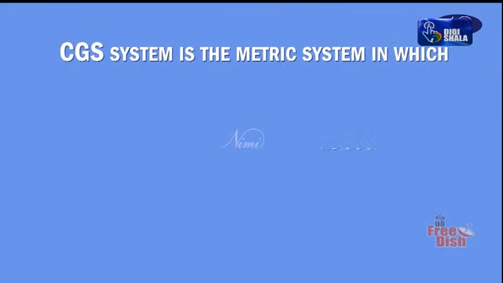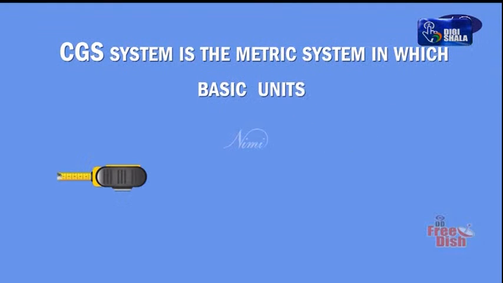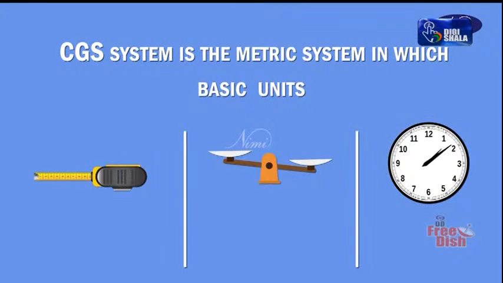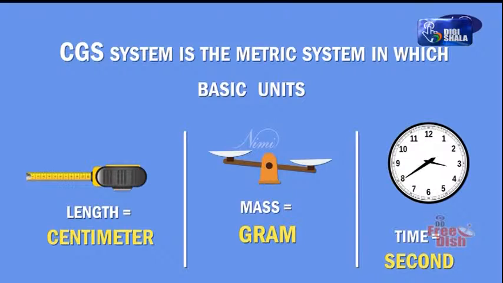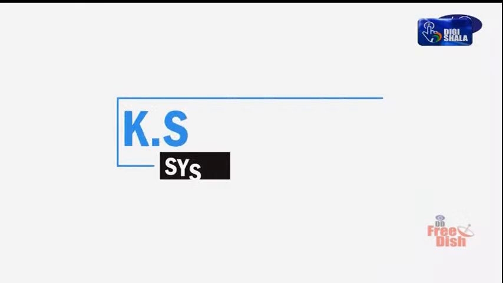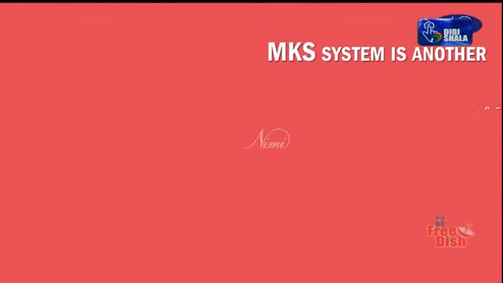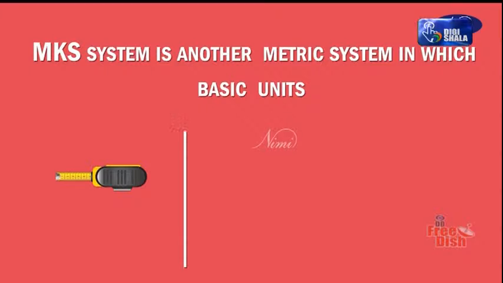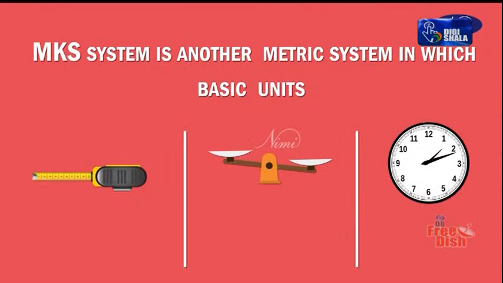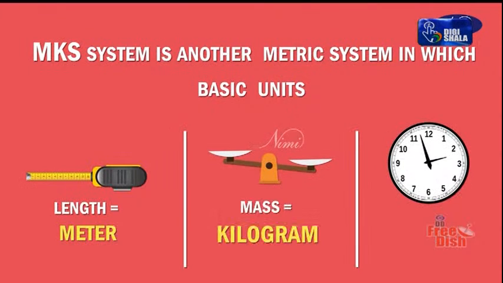CGS system is the metric system in which basic units of length, mass and time are centimeter, gram and second respectively. Next, MKS system. MKS system is another metric system in which the basic units of length, mass and time are meter, kilogram and second respectively.